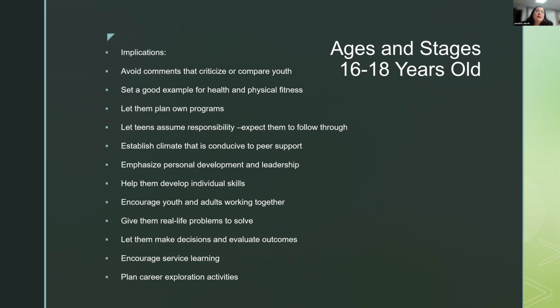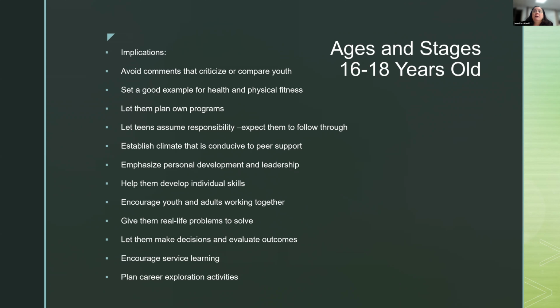And that's how we can lead, right? By example. Rather than telling them what to do or setting out a set of rules for them, if we're following that example ourselves, then that can help lead them in the right direction. And that's really a huge part of being a leader or an adult volunteer in 4-H. Let them plan their own programs. It may not be what you want.